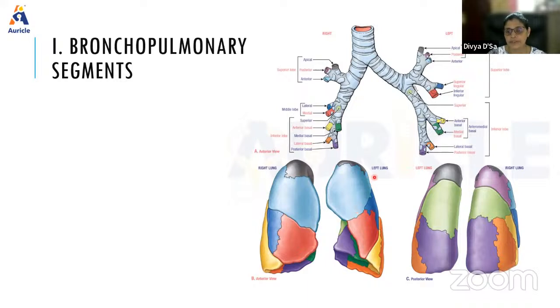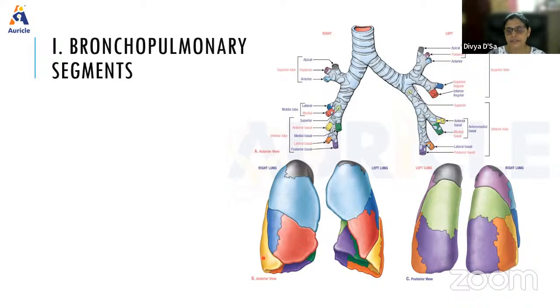On the left side, you can see here, this is apical. I'll repeat again, apical here. This is the anterior. Here you can see the posterior. Then in the middle lobe, this is the lateral and this is medial.